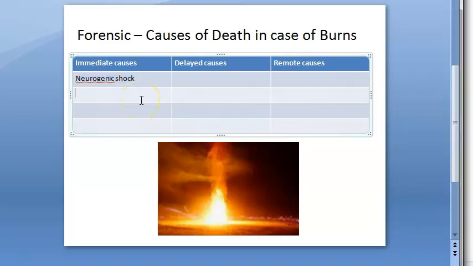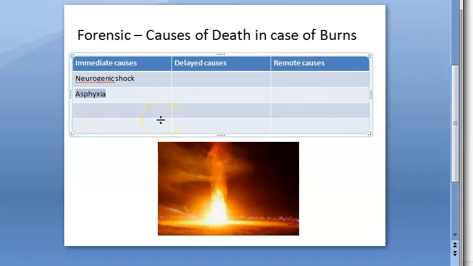The next thing is asphyxia. So lack of oxygen, right? Suffocation from inhalation of carbon monoxide, carbon dioxide, cyanide, or falling from a building because of an attempt to escape, which can also cause traumatic asphyxia. Carbon monoxide especially is the important cause of death in most fires.